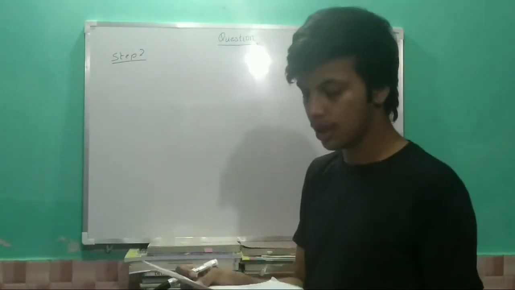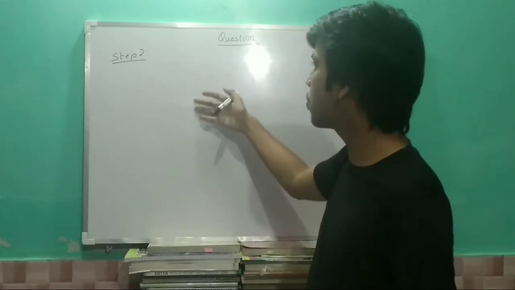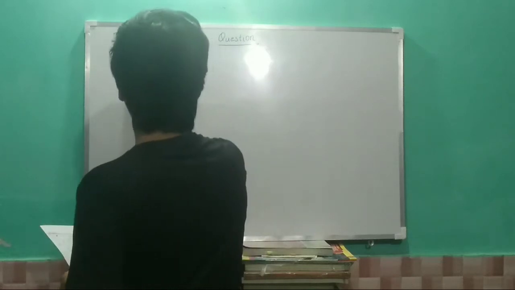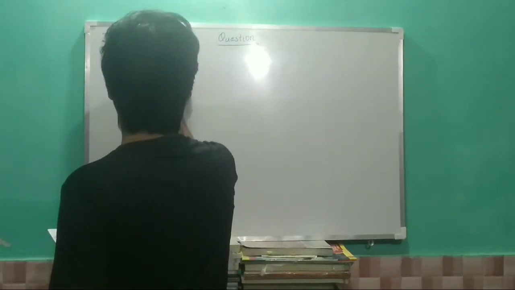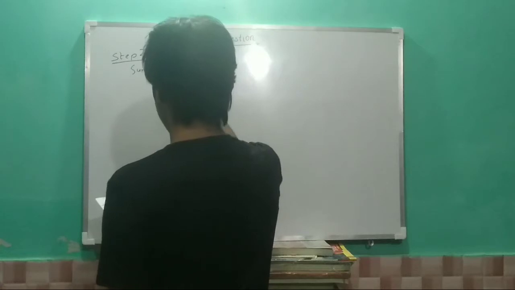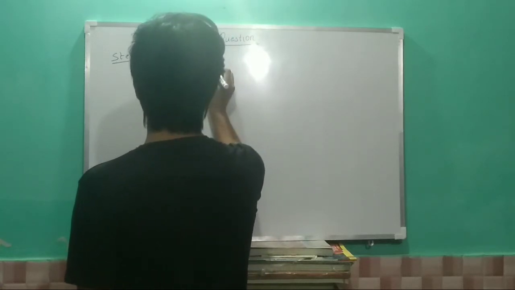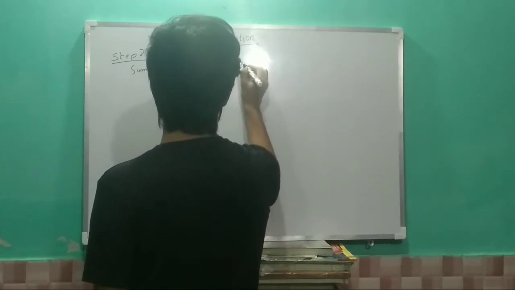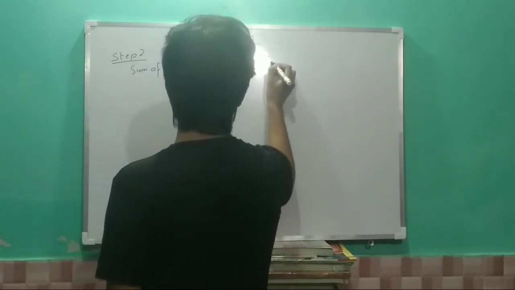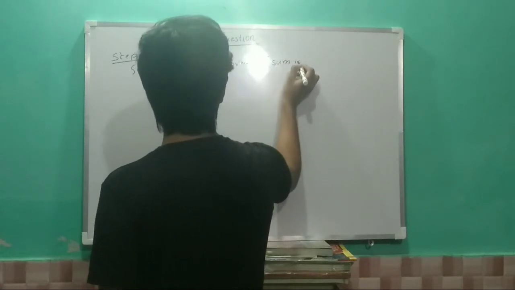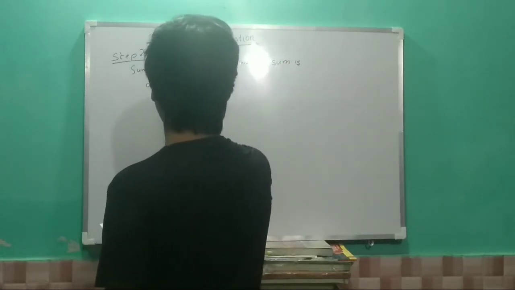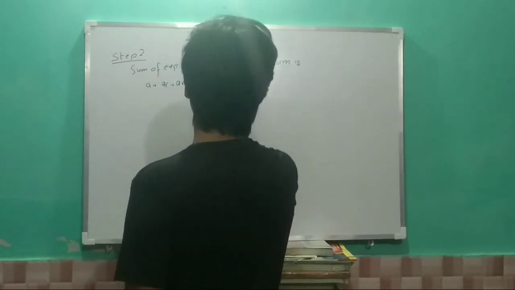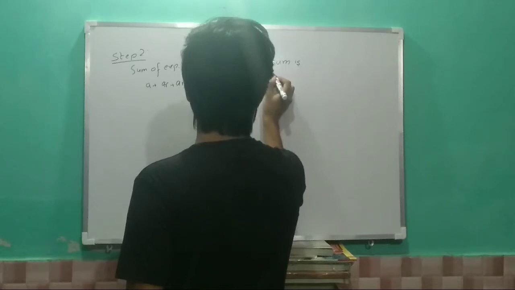In step 2 we are using the sum of the exponents by the GP method. By the GP formula, the sum is a plus ar plus ar square plus ar cube up to ar to the power n minus 1.